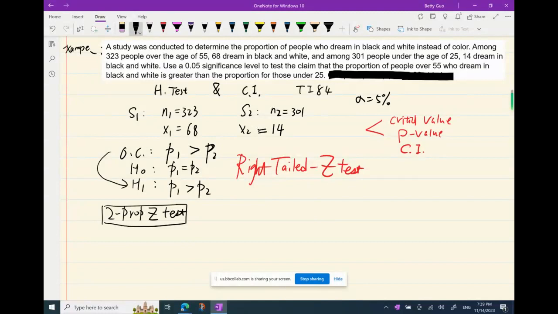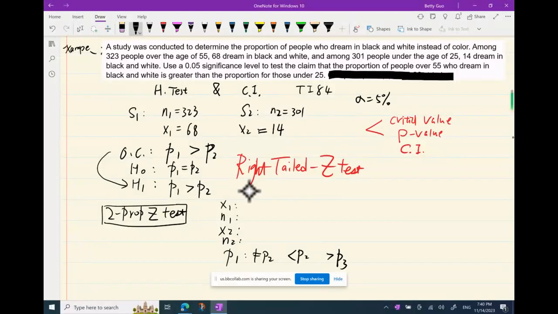We are going to enter the values for the following entries: x1, n1, x2, n2, and p1. That p looks like a p-value, but actually it's this p: p1 not equal to p2, or less than p2, or bigger than p2. So that's the type of the test, and then calculate.